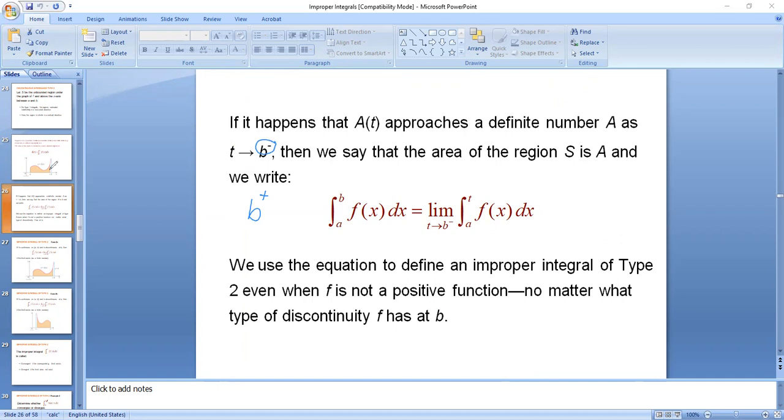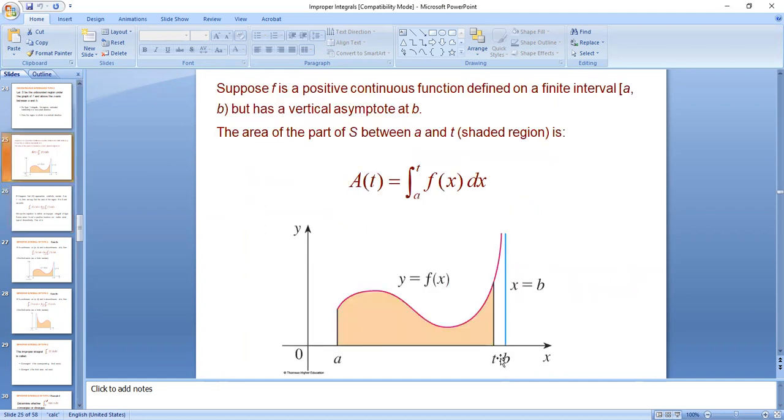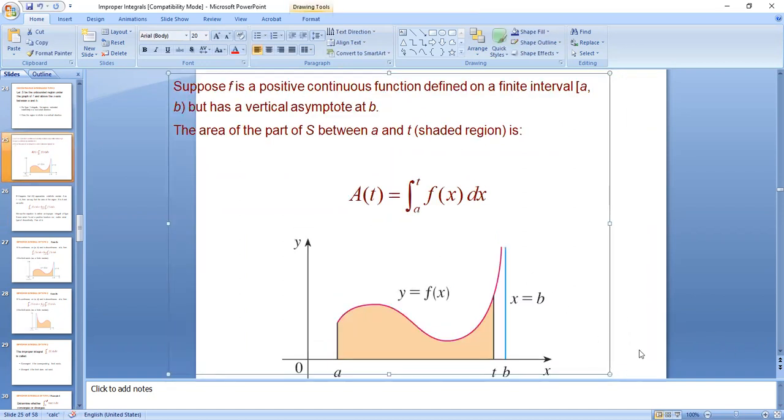I'll go back to our curve so you will see. Okay, my markings first. So this x equals b line is being approached from the left. See, this one is from the left. If it's being approached from the right, it should be coming here.